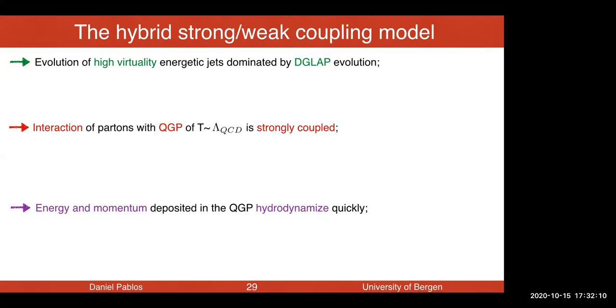What we did is take a different approach, in which we assume that the splittings of a jet are to be considered perturbative through the DGLAP evolution. However, given that the interaction with the QGP is strongly coupled, we have a holographic description. We also have the energy and momentum that is deposited in the QGP. We assume that it hydrodynamizes quickly, and we treat it such that we conserve energy and momentum.